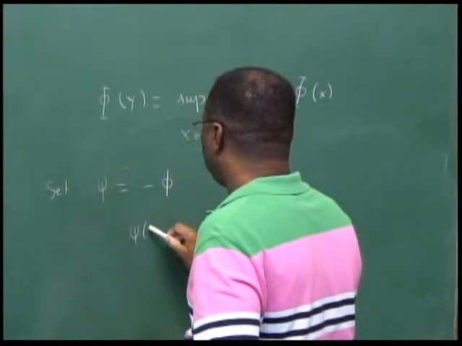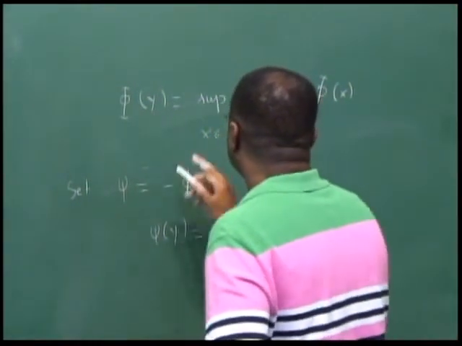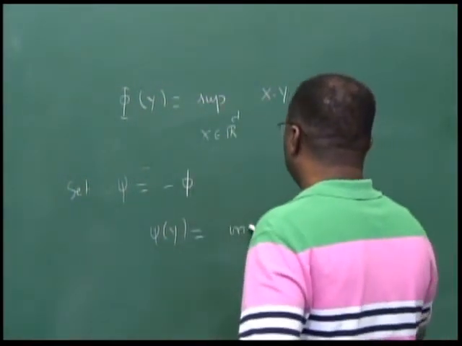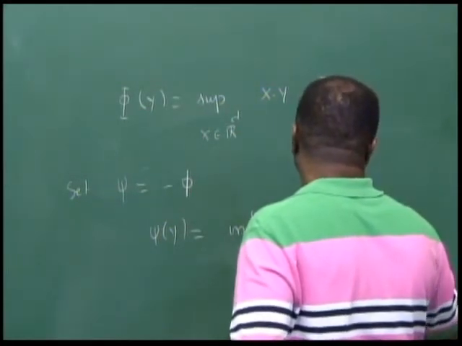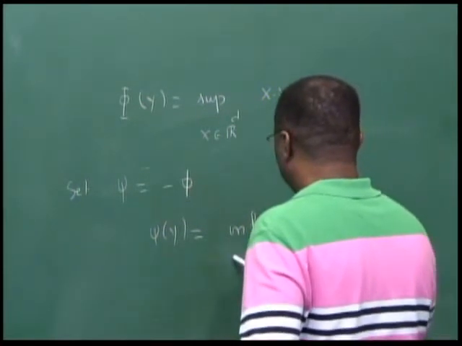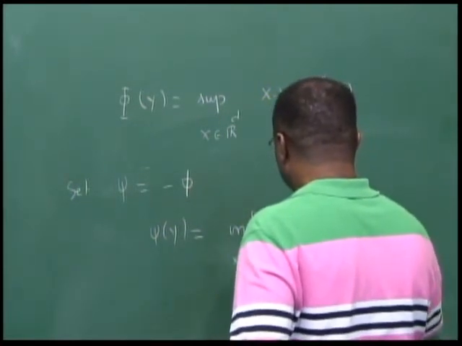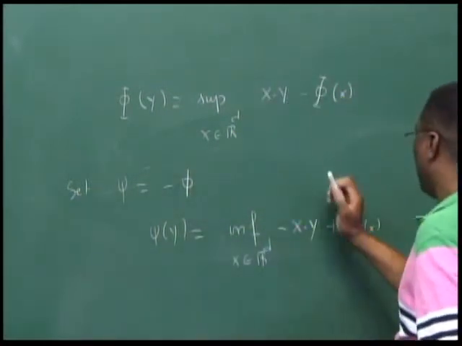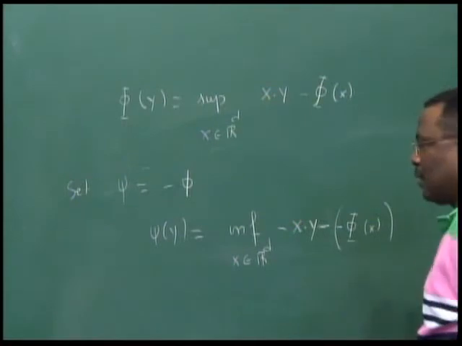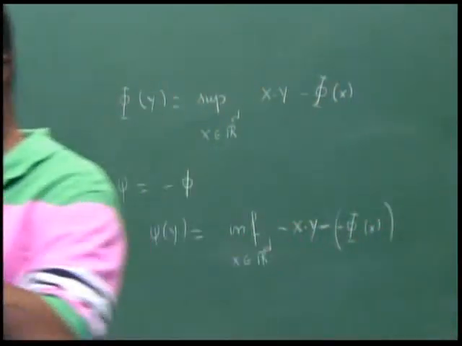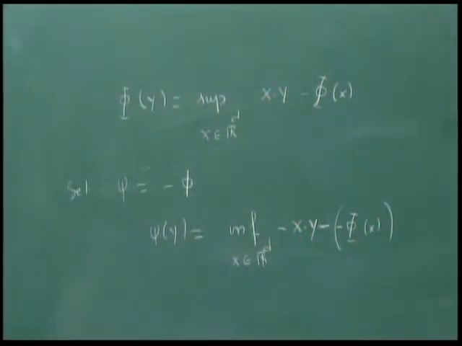Then psi of y is the infimum of negative xy plus phi of x over x. So I can write this as negative, negative. And so the Legendre transform is a c-concave transform for a certain c.